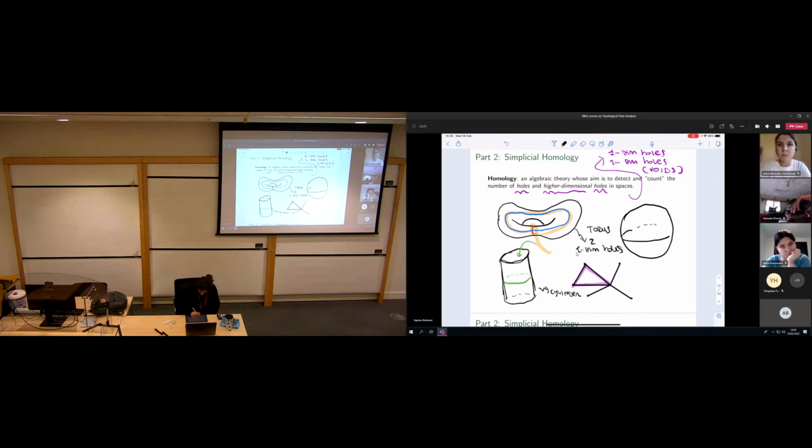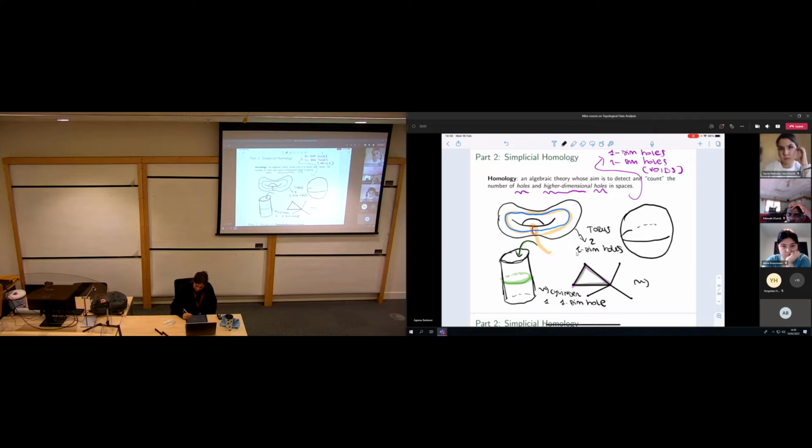Similarly, we would like homology to recognize that a cylinder has a unique one-dimensional hole, the one defined by the following curve. Similarly, if we talk about graphs or networks, we want homology to tell us that we have one hole roughly for every cycle in the graph.